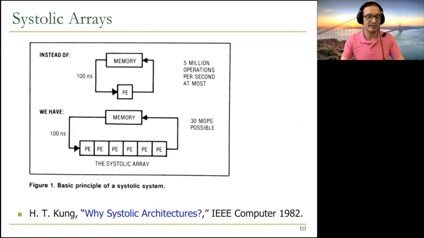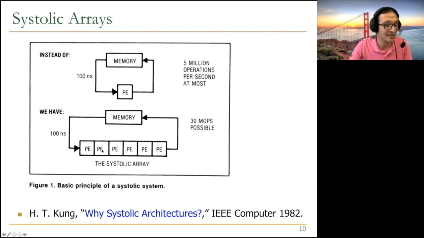So basically, the picture looks like this at a high level. This is from the paper that I recommended to you. Essentially, instead of having a single processing element that basically keeps fetching data and writing it back to memory, you basically have, in this particular case, a string of processing elements or vector of processing elements that are connected to each other in a linear fashion. As you can see, there are six elements over here. And basically, you fetch the data, one processing element does something to it, passes it on to another processing element.